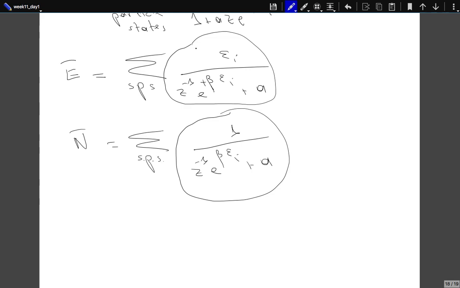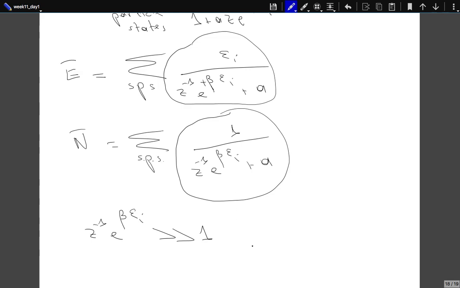Now, for fermions and bosons, we cannot really say that A is 0; it is 1 or minus 1. But we can still say that in the limit where the term z inverse e to the power beta epsilon I is much, much larger than 1, we can basically ignore A. A is the term that differentiates Maxwell-Boltzmann particles from fermions and bosons.